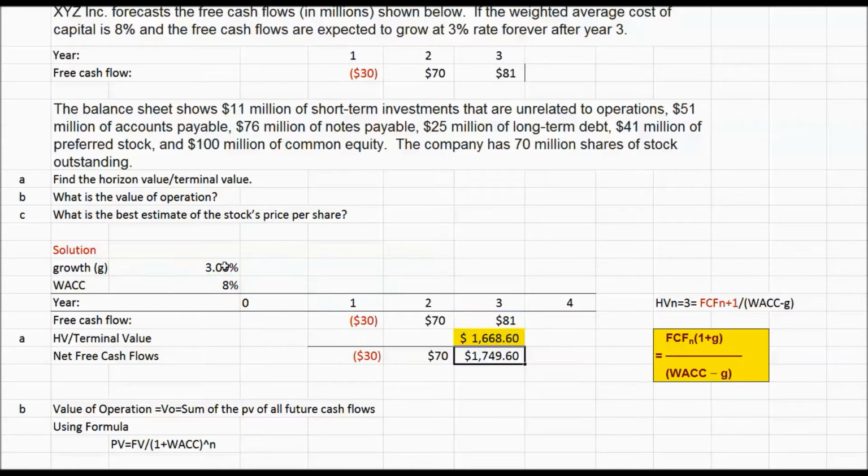Did I get the same thing? Yes, we did, right? So solve whichever way you feel comfortable, but this is how you find the terminal value.